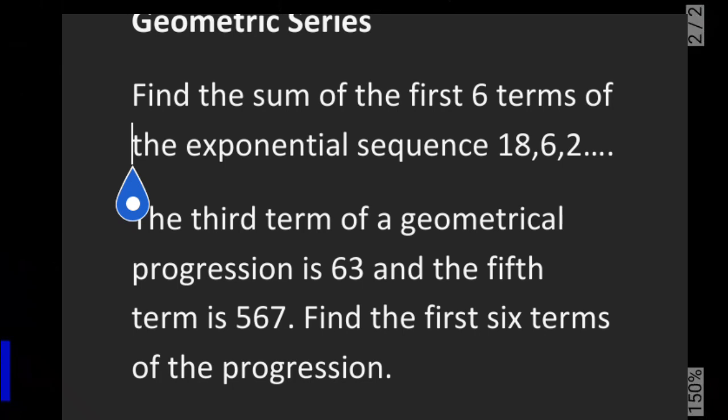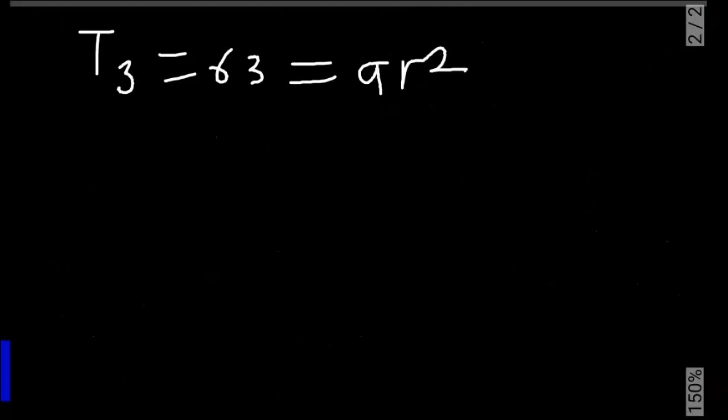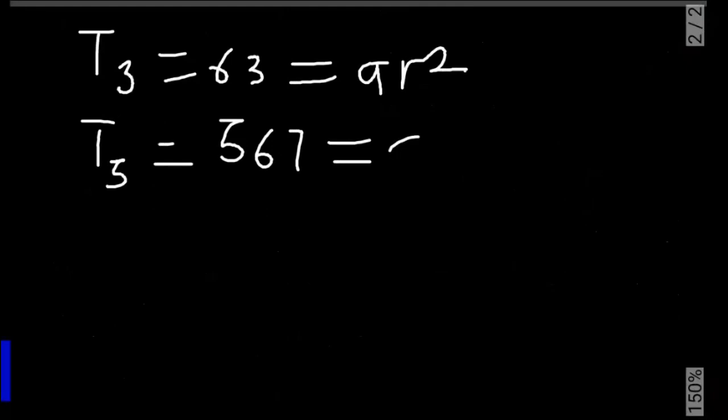We're told that the third term of the geometric progression is 63, and this is the same thing as ar squared. Our fifth term is 567, and this is the same thing as ar to the power of 4, from the formula.